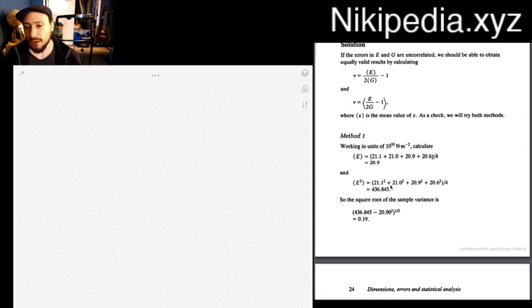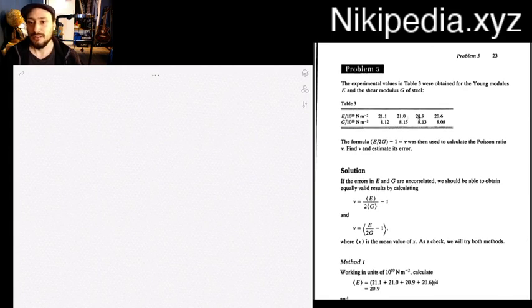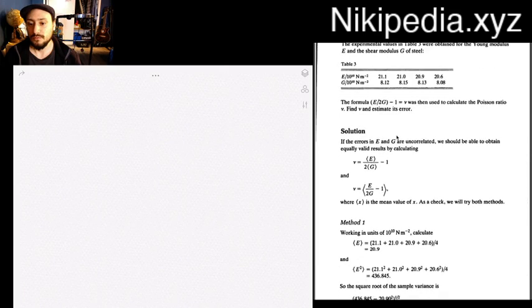Method 1, working with units of 10 to the power 10 newtons per meter squared. Calculate the mean of E. We just add them up, divide by how many elements there were, and we get 20.9. Now we want to work out Young's modulus squared and the average of that. We go back to the table, square each of these values, and then divide by 4.